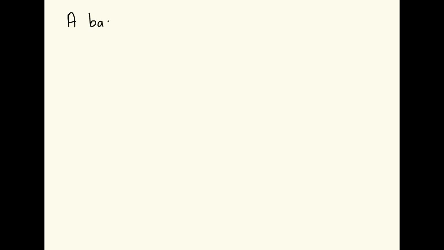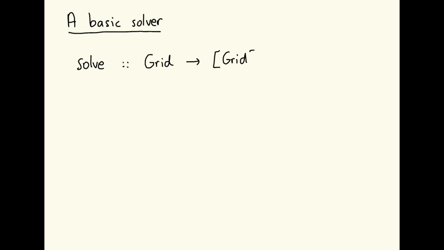So we're going to implement a basic Sudoku solver. The way this is going to work is we're going to give our solver a Sudoku grid as input. That may be a partially filled in grid like the easy grid which we saw last day and on the cover page today. And then what we're going to give back is a list of all possible grids that solve the problem.